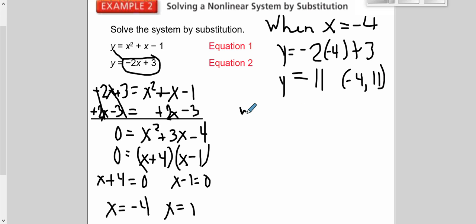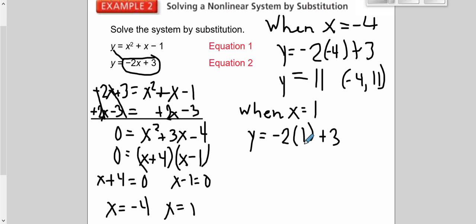And now we find the other one. When x is 1, what's y? Using that same equation, y equals negative 2x plus 3.